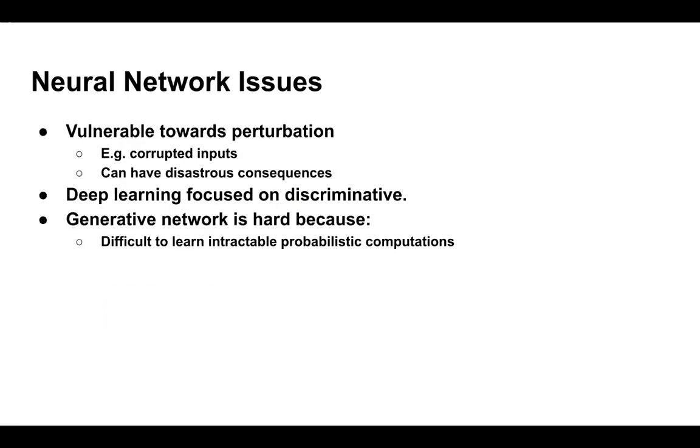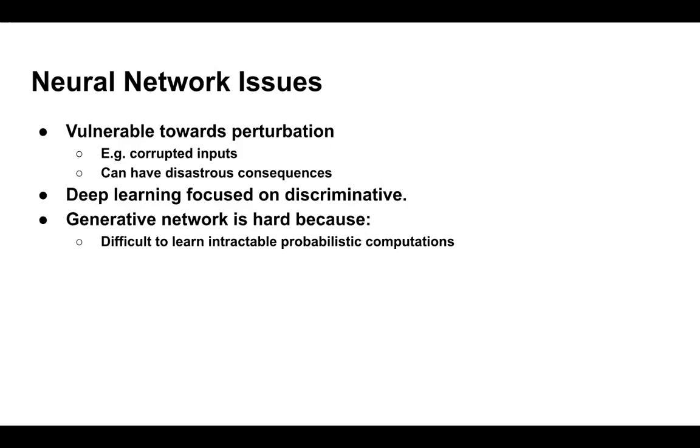Now let me also tell you about what neural networks are and the issues surrounding them. The reason why people use neural networks is that they are very powerful and seem to be able to predict a lot of functions well, as long as you give the neural network enough training, enough resources, and enough samples.